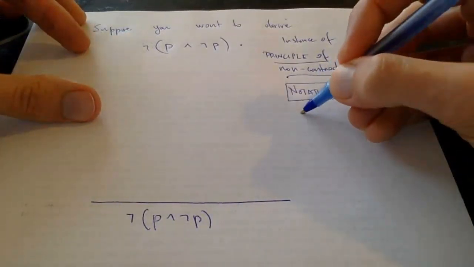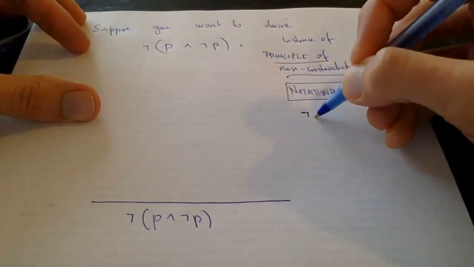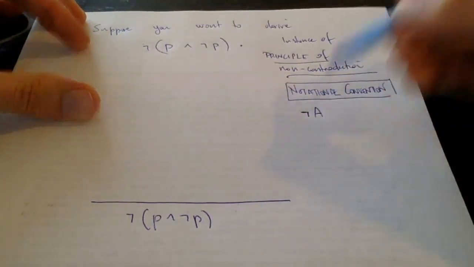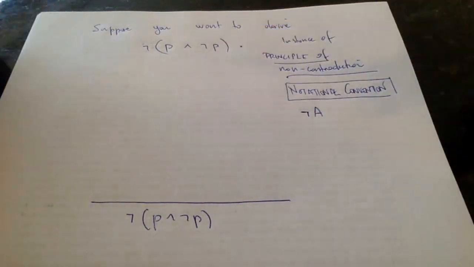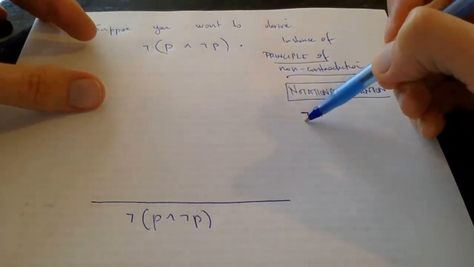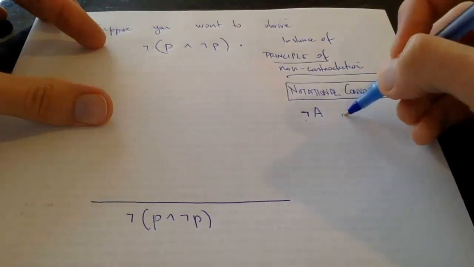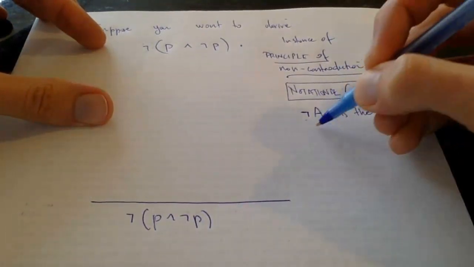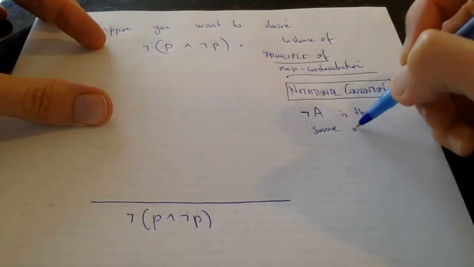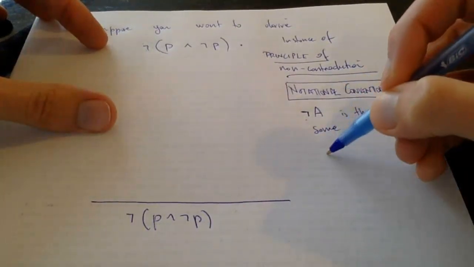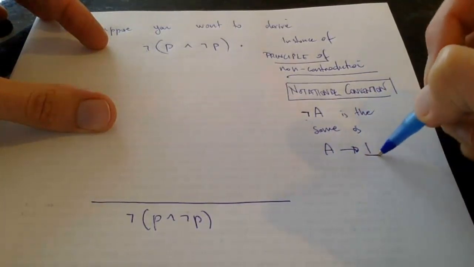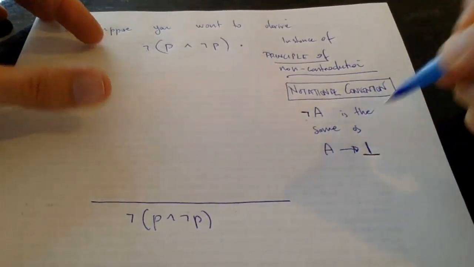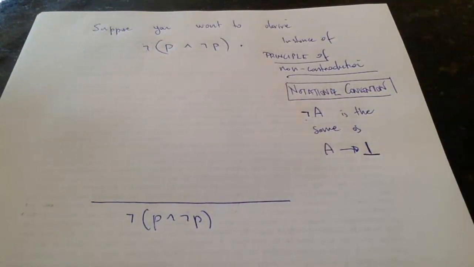So if I have a negated formula, let's say not A, where A stands for any possible formula that I have, for example, not P, then this is the same as A implies the contradiction. This symbol here, this perpendicular symbol.